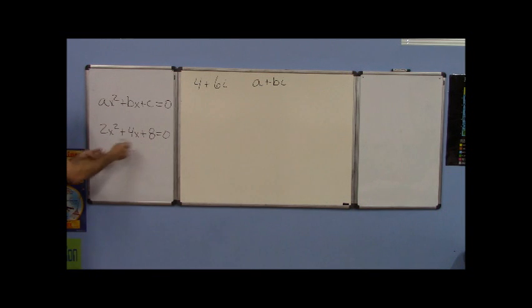We factor this into two sections, and we find out what inside of here should be for x that makes this 0, makes this a true statement. Okay?